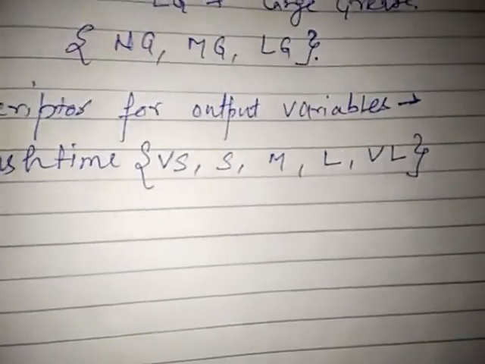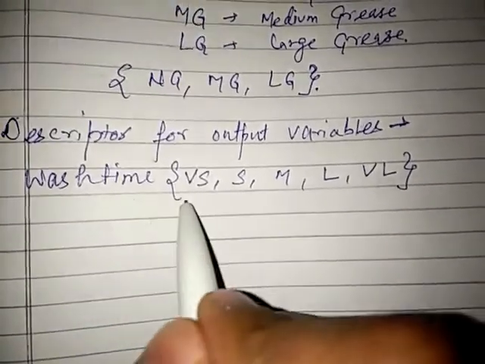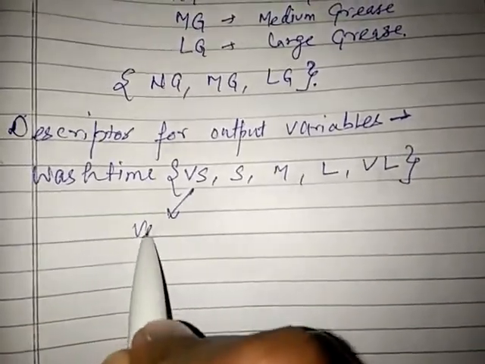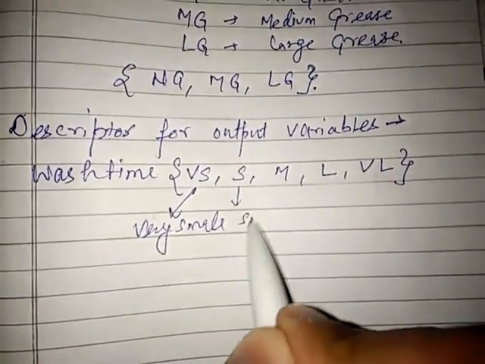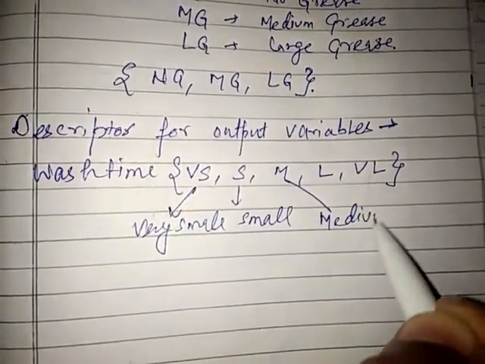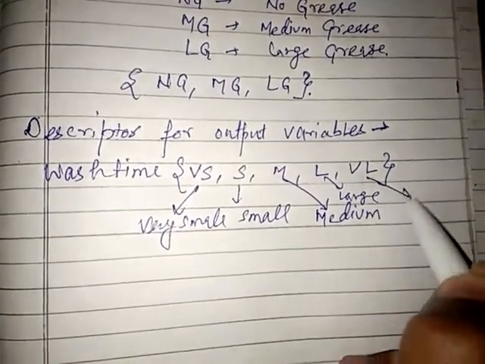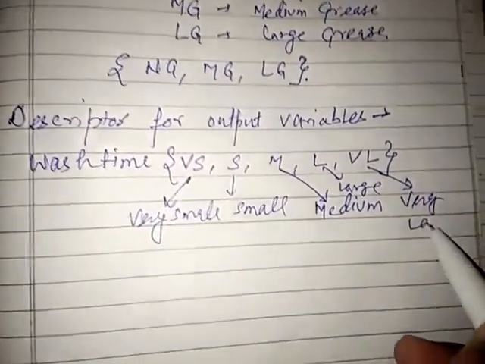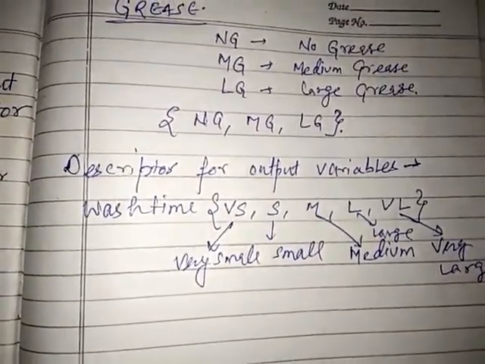Here we have defined VS, that is very small, small, medium, large, and very large.